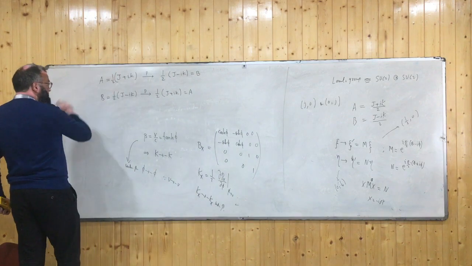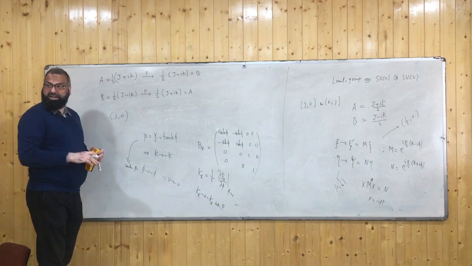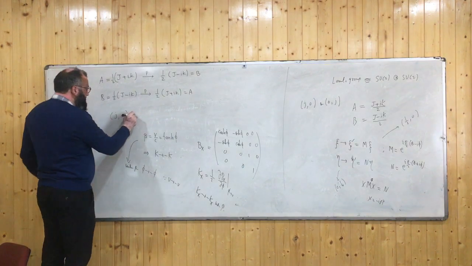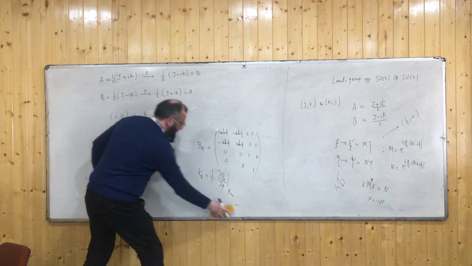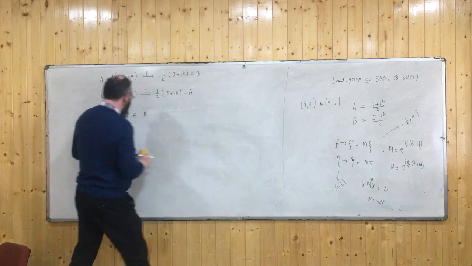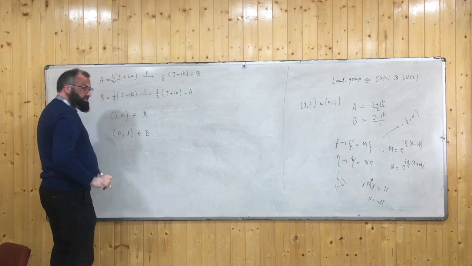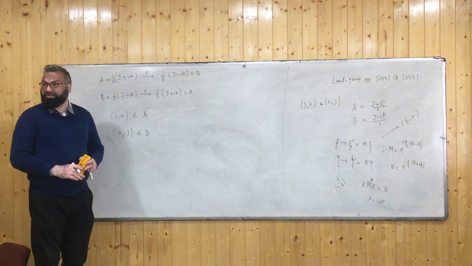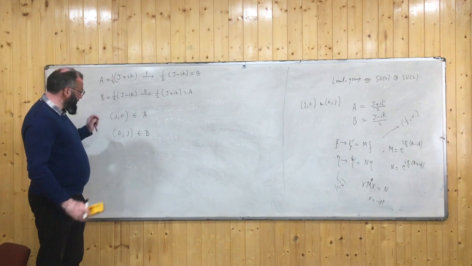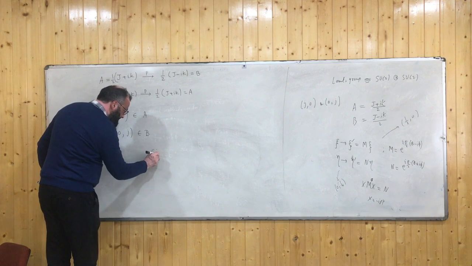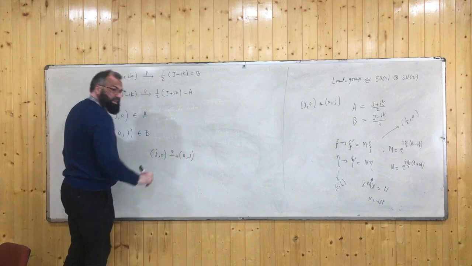For this A, I have this vector or state, which belongs to the A sector. And this one belongs to B. Now since A and B get interchanged under parity, (j, 0) goes to (0, j).